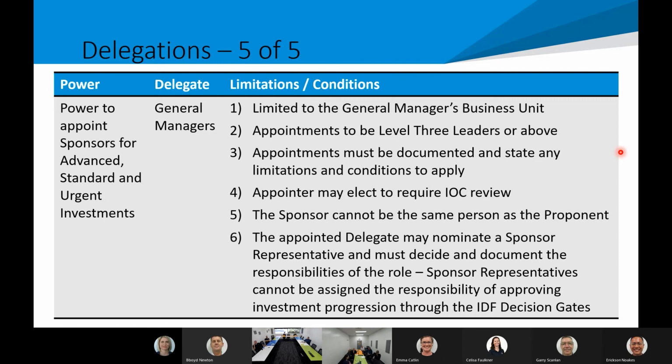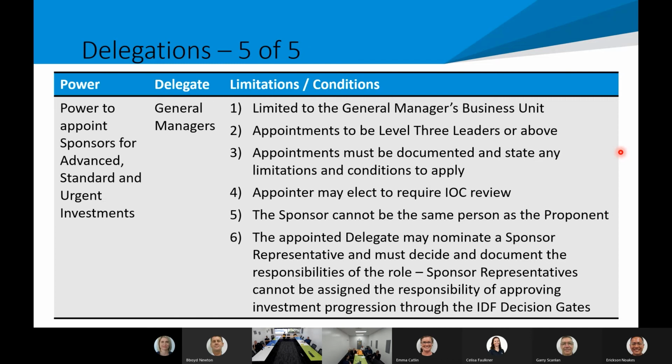They must be documented, and for advanced, standard and urgent, they may elect for the investment opportunity committee, the IOC, to be part of that decision making at the gate, but it's not mandatory. So the sponsor cannot be the same person as the proponent, and you can have a sponsor's rep on your behalf.